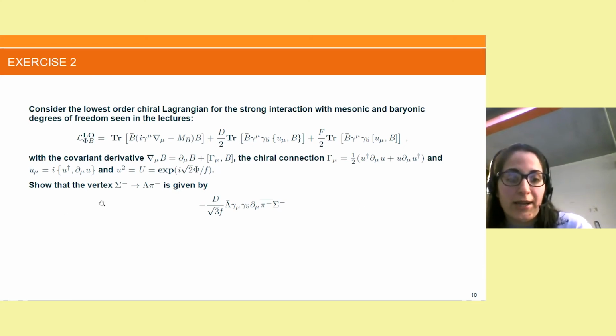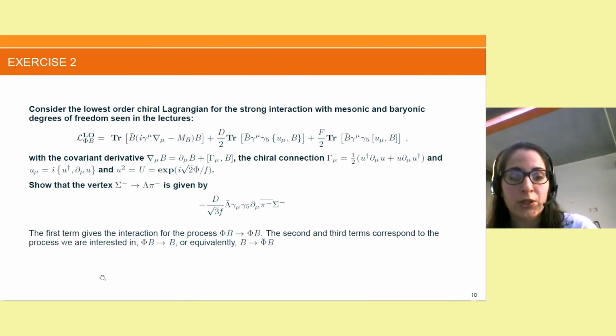And we are asked to calculate this vertex here, this sigma minus going to lambda pi minus, and show that we have to obtain this expression here for this vertex using this Lagrangian. Okay. So we will see that the first term basically contributes to the scattering process of a pseudoscalar meson with a baryon.